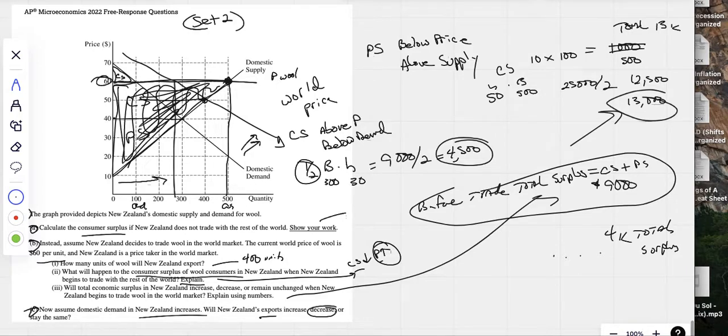So let's say it like this: demand increased, so exports have to decrease, because consumers are buying more of this good, therefore there has to be less for exports. So decrease, I think it is. I'll check that to make sure that I haven't flipped that around in my brain. All right, I hope that made sense.